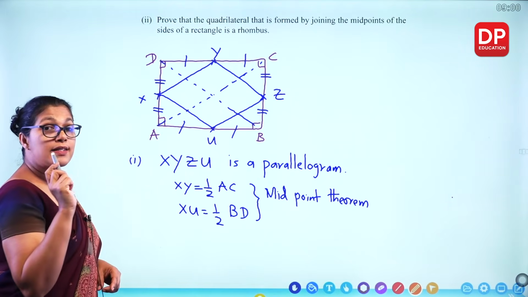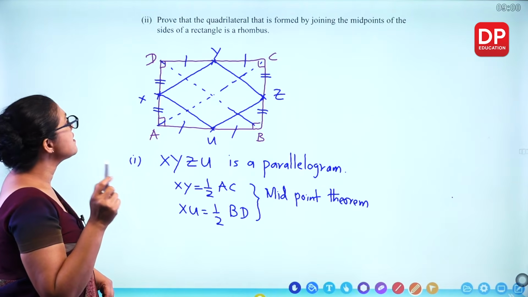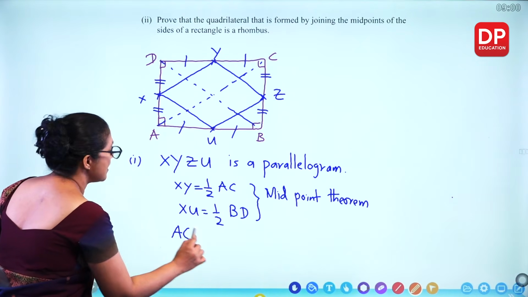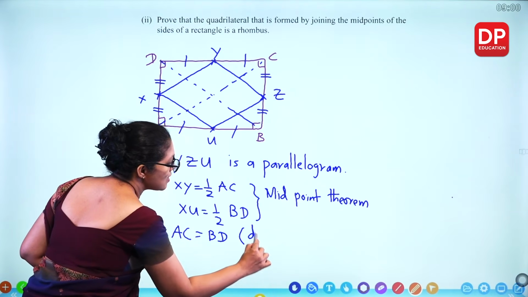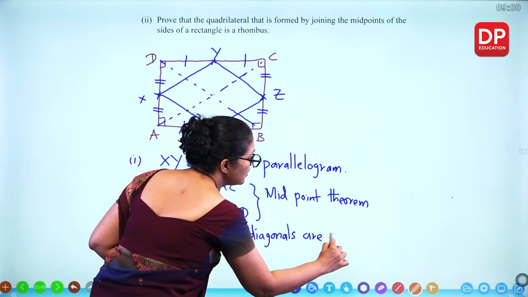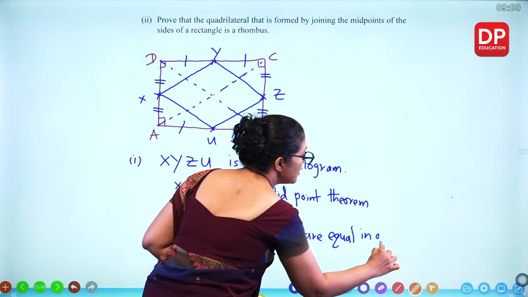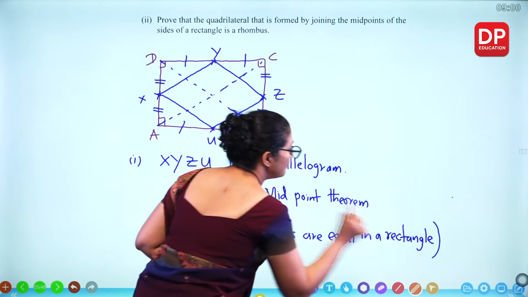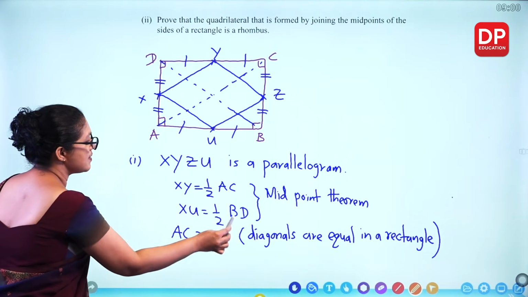Now this is a rectangle. What can you say about diagonals? Diagonals are equal in a rectangle. We know that AC length is equal to BD because diagonals are equal in a rectangle. Then what can you write about this one? This side is equal to this one.